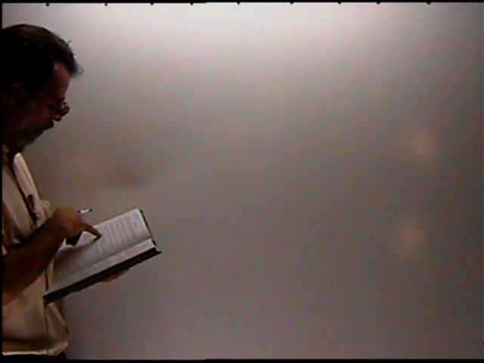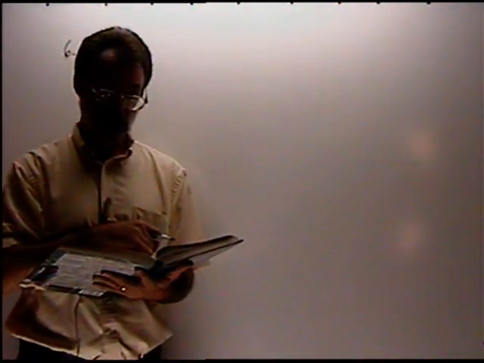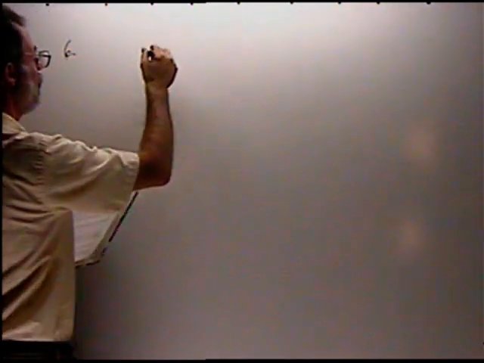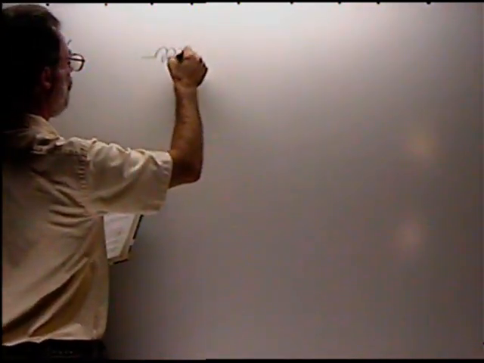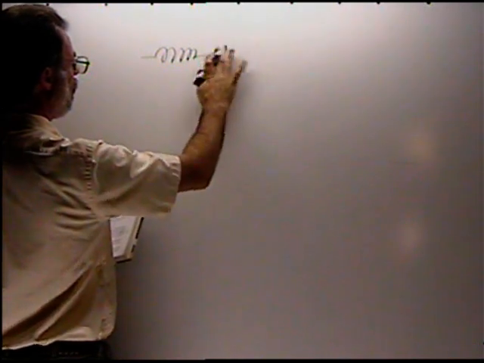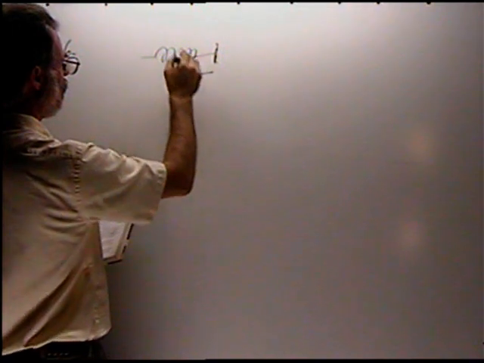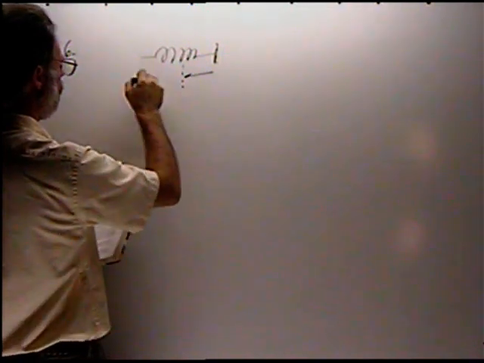Let's see, number 6. How much work does it take to compress a spring? It gives you a certain distance. Basically you have a spring, and you want to compress it a certain distance.